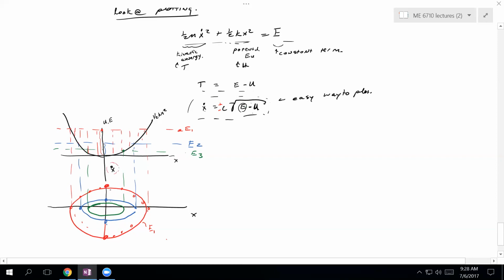If my velocity is positive, which I am in this upper curve, then my x always must be increasing. So here I've got a positive velocity, so I have increasing x. Down here, I have a negative velocity, so I always have a decreasing x. That's how I get the direction. And you can do that on all of these. Wherever there's a positive velocity, you have an increasing x, negative velocity, a decreasing x. So that's how this thing moves around.